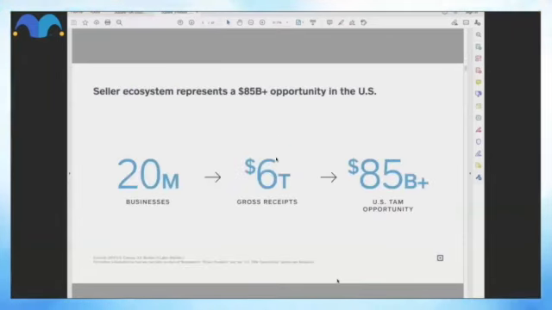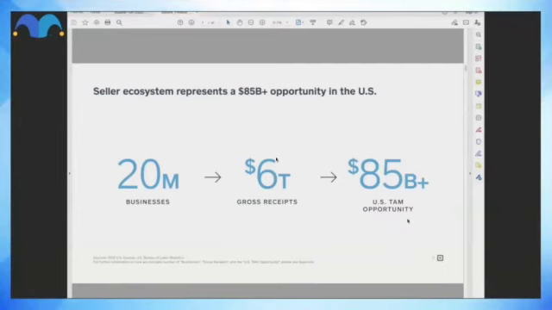So when they look at the seller ecosystem, they say there are about 20 million businesses in the U.S. that have $6 trillion in gross receipts. And anytime you look at a total addressable market, this is kind of what you get, right?